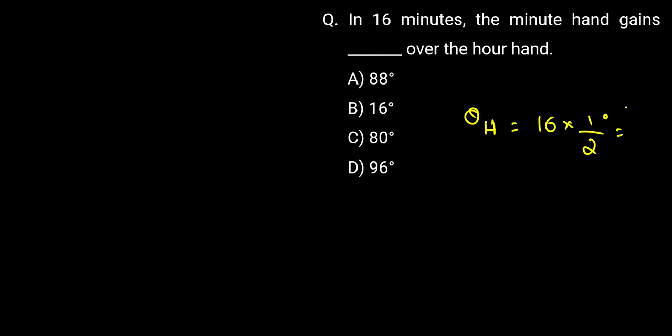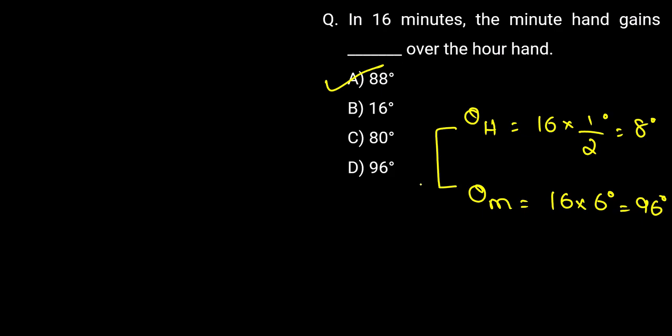Here hours are not given, so we only discuss minutes. Each minute half degree, so 8 degrees. Minute hand, each minute 6 degrees, which is 96. Difference: how much gain means how much extra? The minute hand travels 88 degrees more than the hour hand.